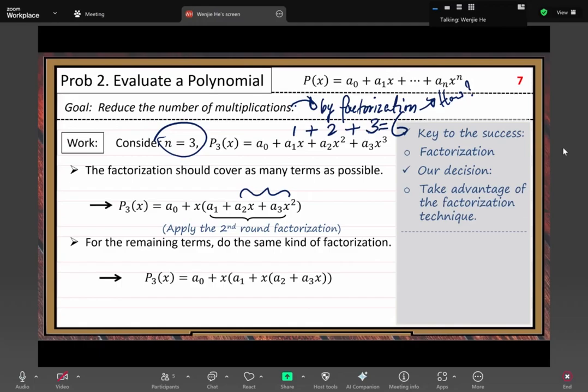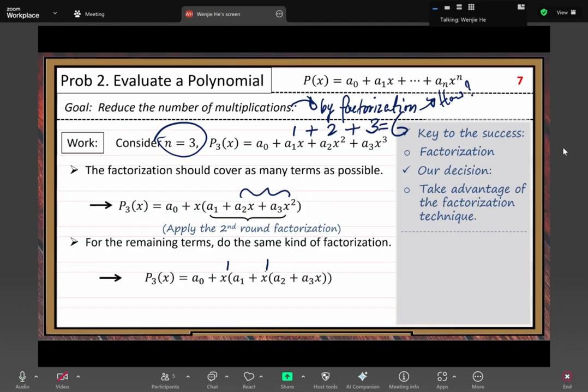Now, after 2 rounds of factorization, let's do the counting. The first multiplication occurs between x and the first pair of parentheses. Second, the multiplication between this x and the internal pair of parentheses.